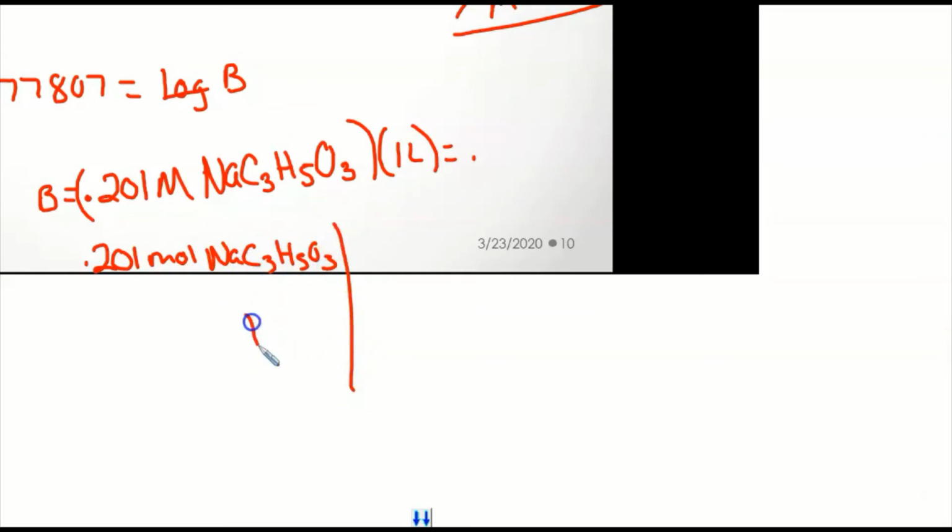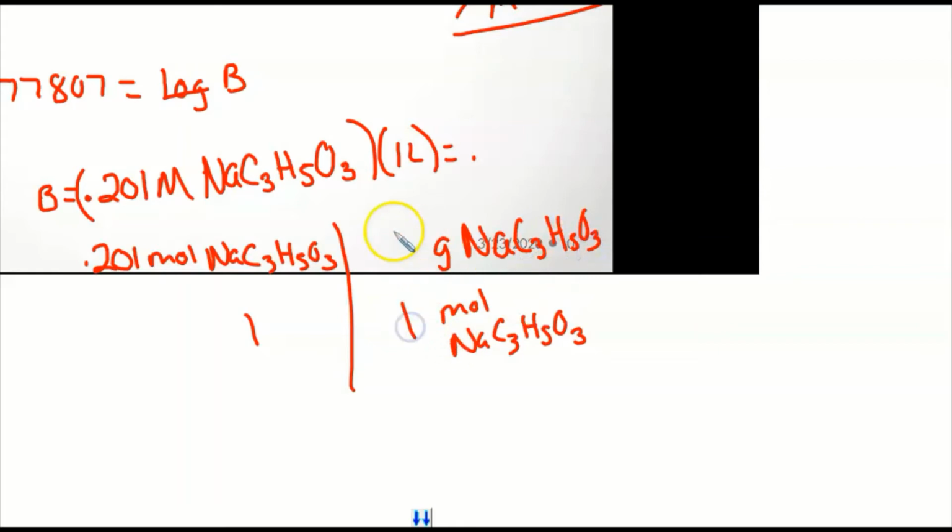This one's a little bit more challenging, I understand. Bring moles down. Go into grams. Every 1 mole, we would add up how many grams. We would use molar mass. 1 sodium, 3 carbons, 5 hydrogens, 3 oxygens.